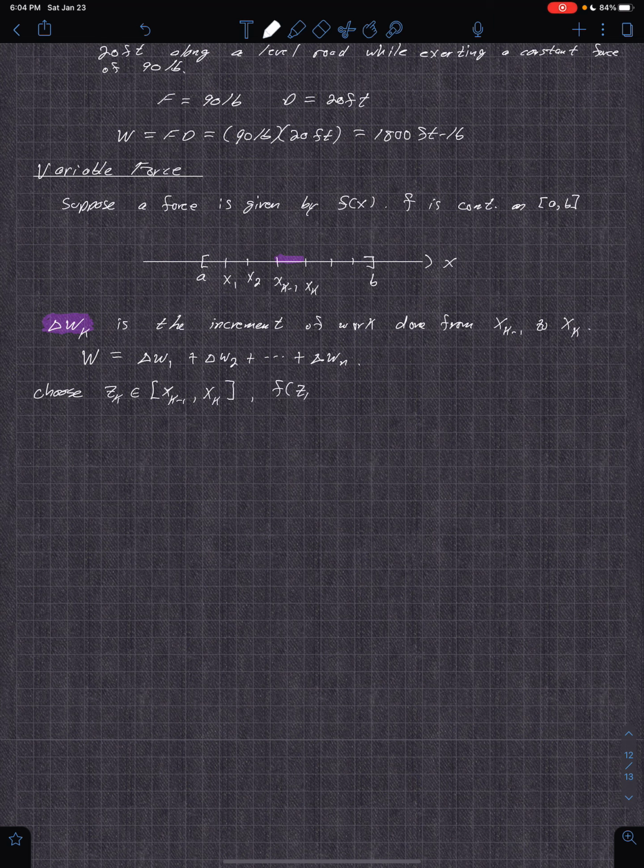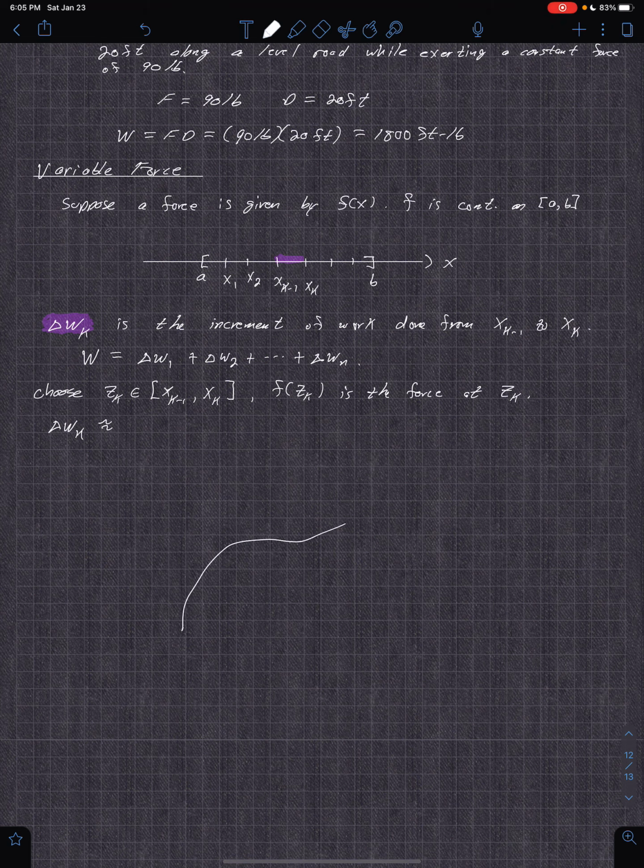Then f of z sub k is the force at z sub k. So delta W sub k, in that tiny increment, is approximately that product.